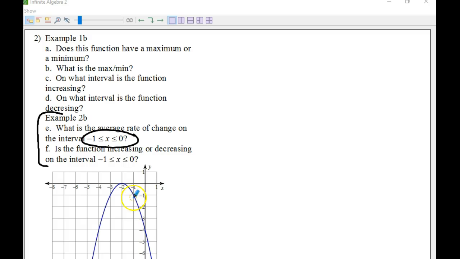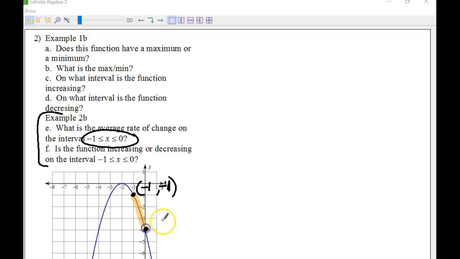So we should have highlighted the area from here, that's where x equals -1, right? To here. So we want to find the average slope on that interval. Now, let's go ahead and name these points. What is this point? -1, -1, right?